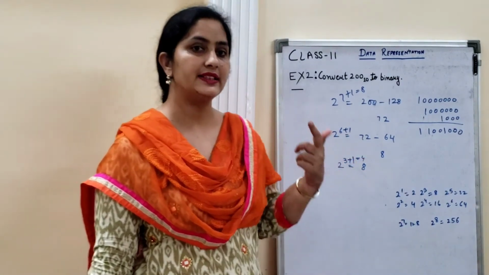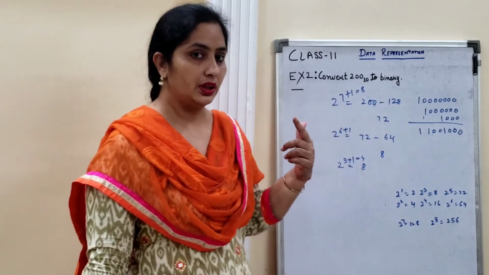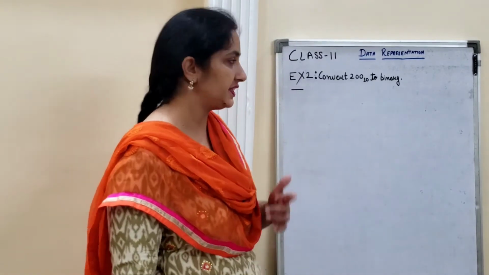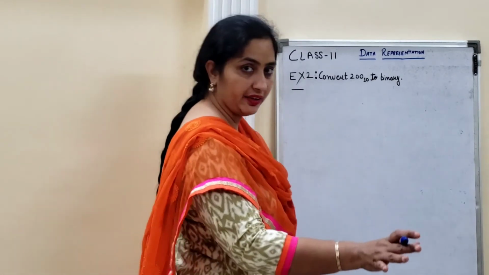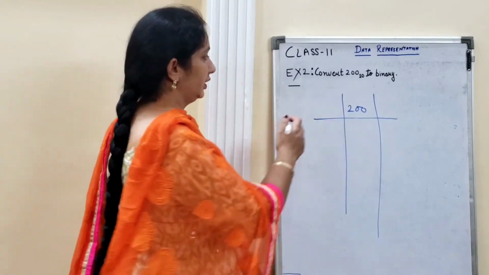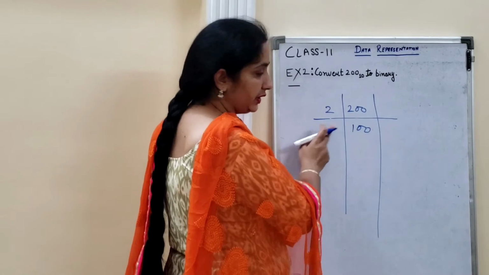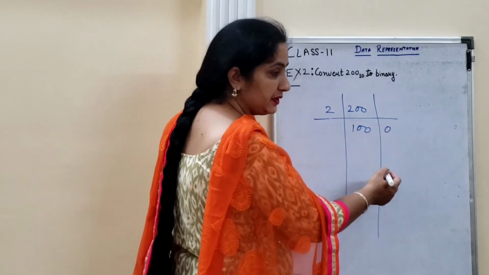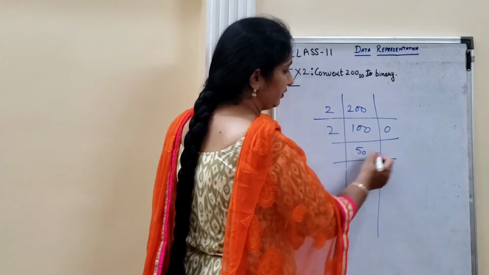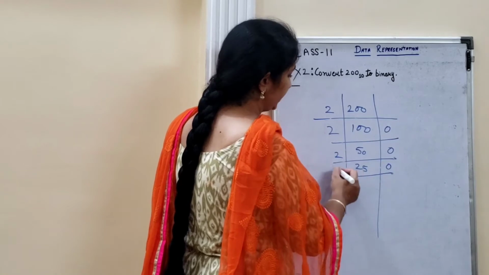Have a look at the second method of converting decimal number into a binary number. Now this is again one of the easiest methods. Same number I have taken, and I'm going to divide by 2. You all know how to divide. Divide 200 by 2, remainder will be 0. 100 again by 2, remainder will be 0. 50 by 2, remainder will be 0.